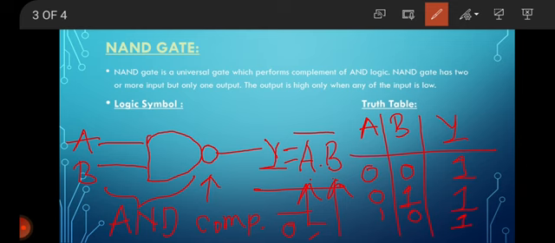Then apply 1 to the A and 1 to the B. Then we can get 1 into 1 is 1 and complement of 1 is 0. So that's why the output is high only when any of the input is low. Here see, input is low.